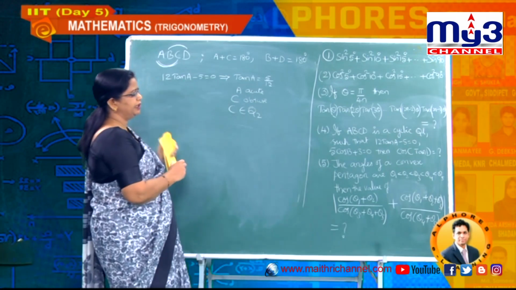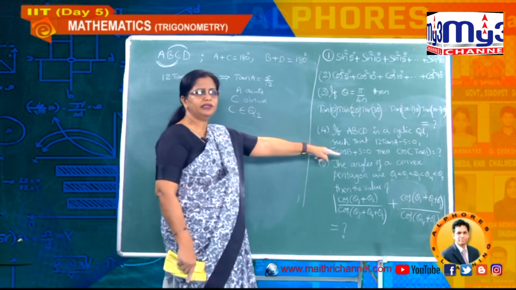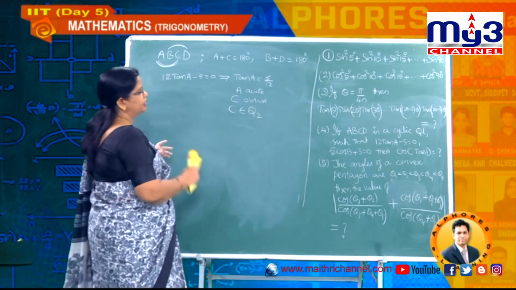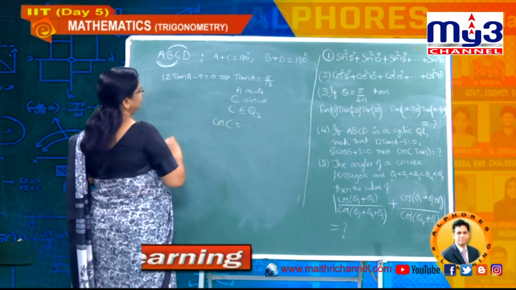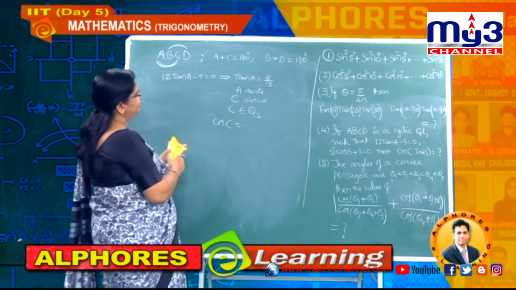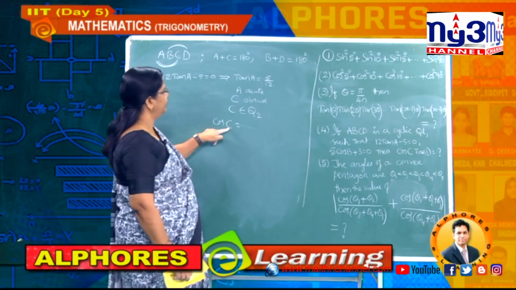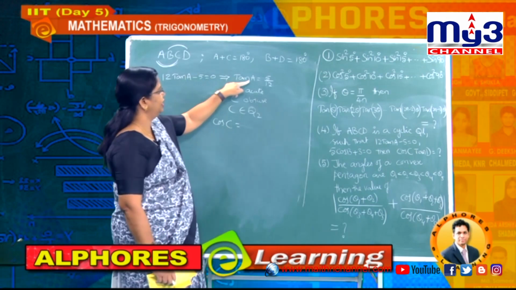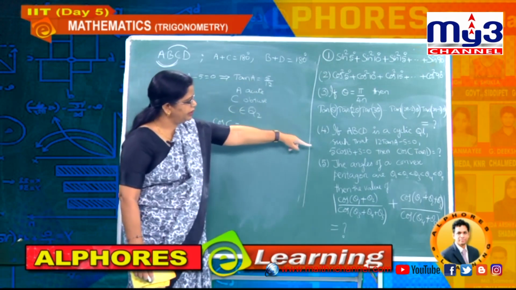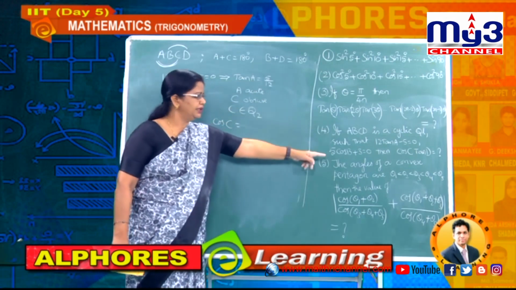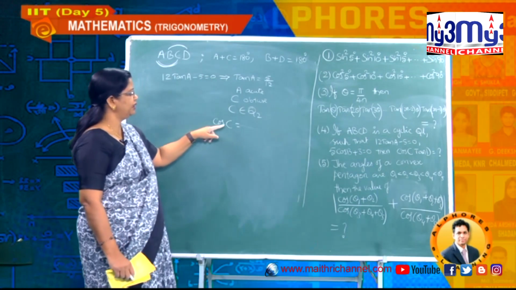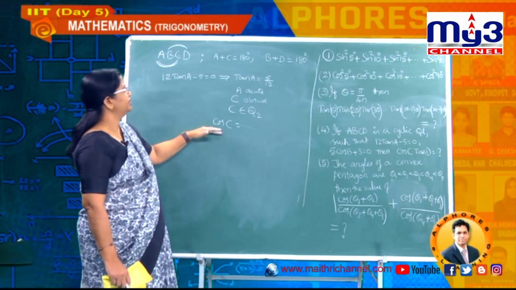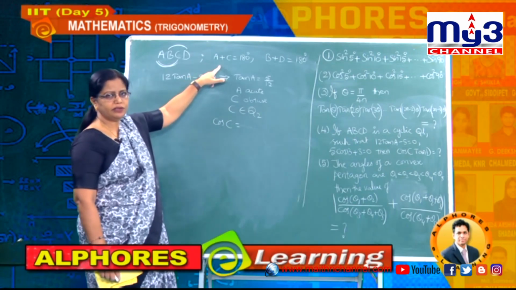Now in the question, which value do we require? Cos C we require. Okay. So what is the cos C value? Now you know about the C value, but here there is no information on C. They gave tan A and the other one they gave B. Our information is only on angles A and B. No information regarding angle C. That is why we must make use of this concept.